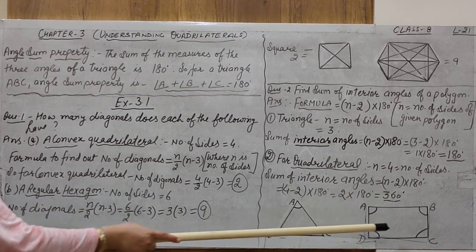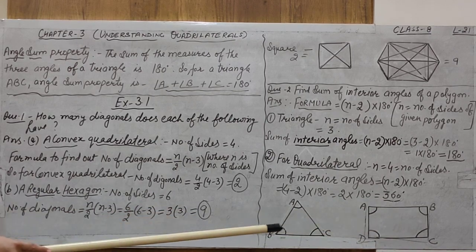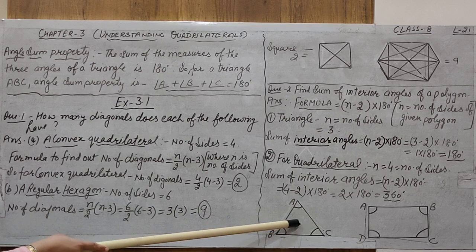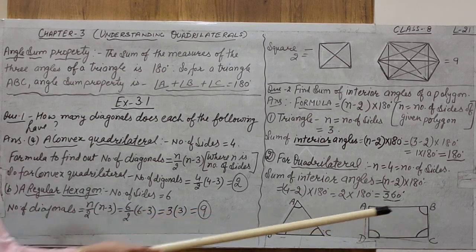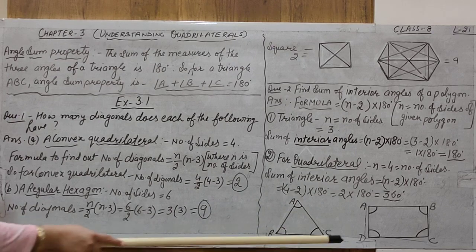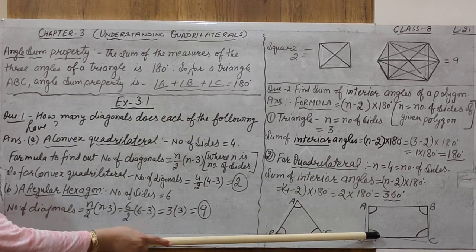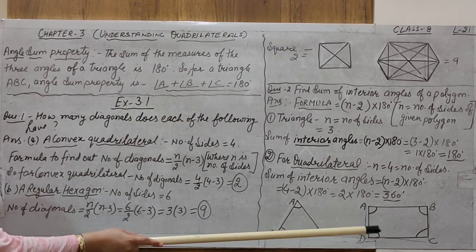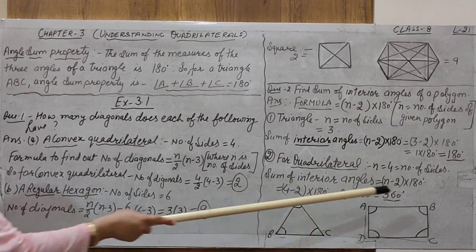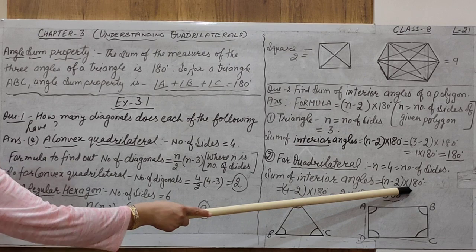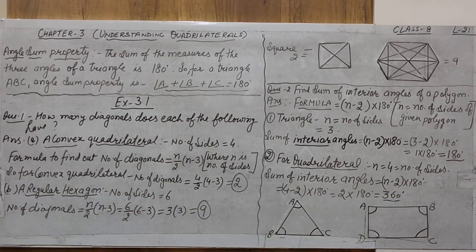Now the question is not only based upon the sum of the angles. There are questions like angle A is given, angle B is given, and C is given. You have to find out the value of angle D. Now how can you find out? You know very well the sum of interior angles we can find out with the help of this formula, that is n minus 2 into 180 degree.